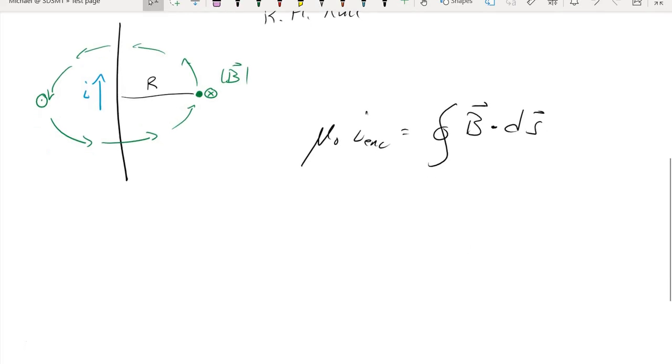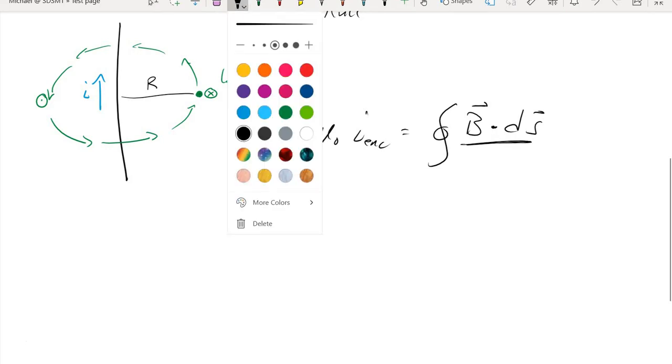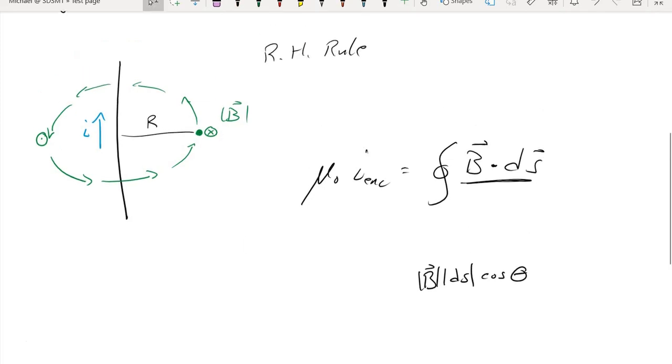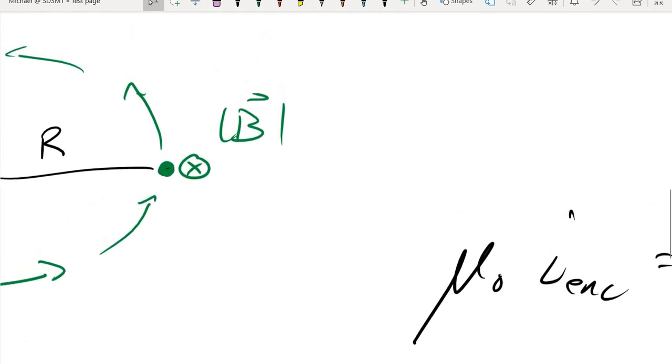So here we go. First thing we have to do is take care of the dot product. The dot product can be evaluated as the magnitude of each vector times the cosine of the angle that exists between those vectors. So let's take a look at those vectors.